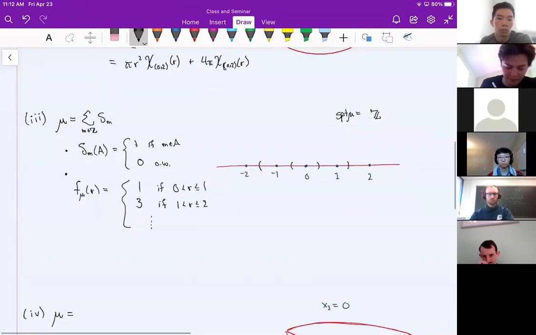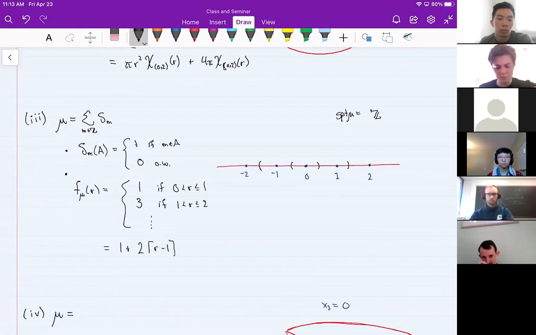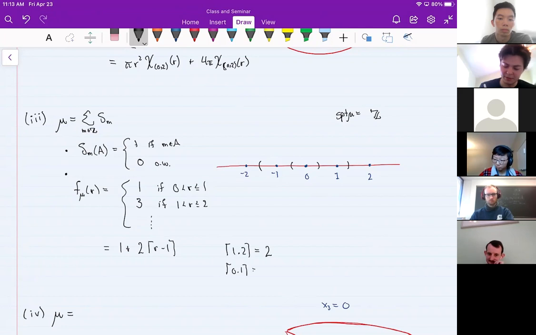So with a little thinking, you can write this as 1 plus 2 times the ceiling function of r minus 1, where the ceiling function is really just taking the next greatest integer. So if I write the ceiling function of 1.2, for instance, it's just 2. The ceiling function of 0.1 is 1.